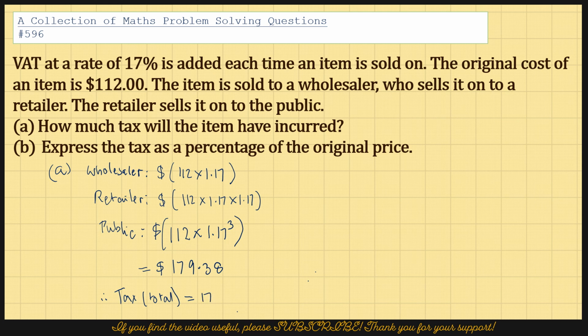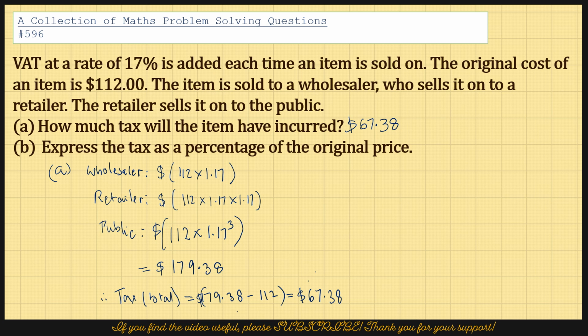So 179.38 minus 112 would give me 67.38 dollars. So the answer would be dollars 67.38.